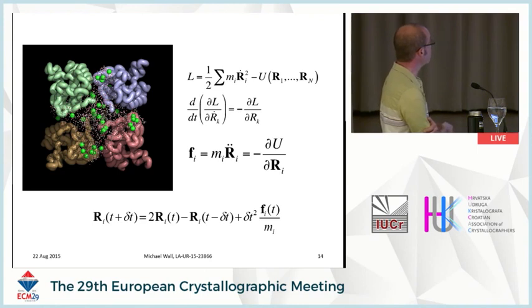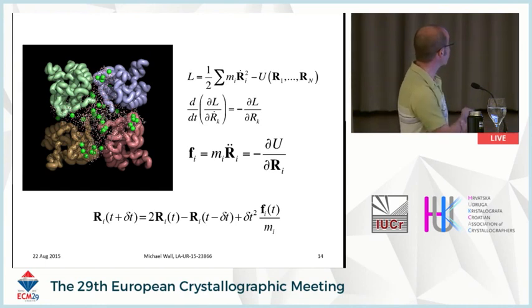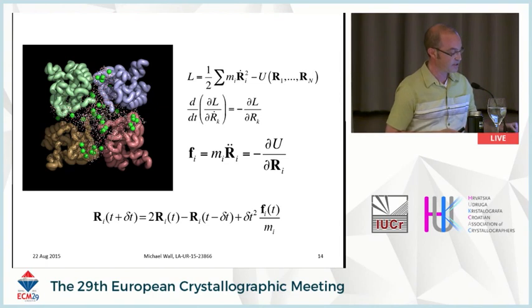Here it shows the configuration as a function of time, depending on these forces. There are lots of standard packages to do this. We use GROMACS. This shows a staphylococcal nuclease crystal looking down the P41 axis, with the small molecules being water and the big rendered spheres being counterions.